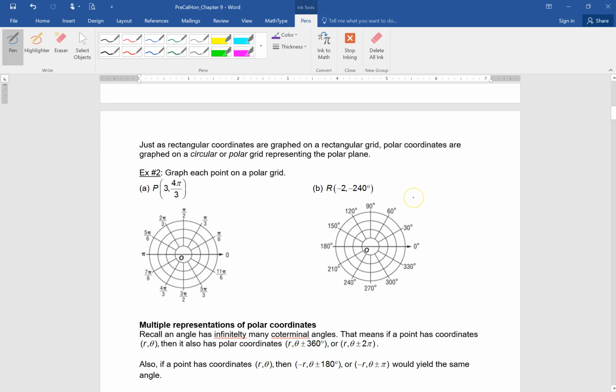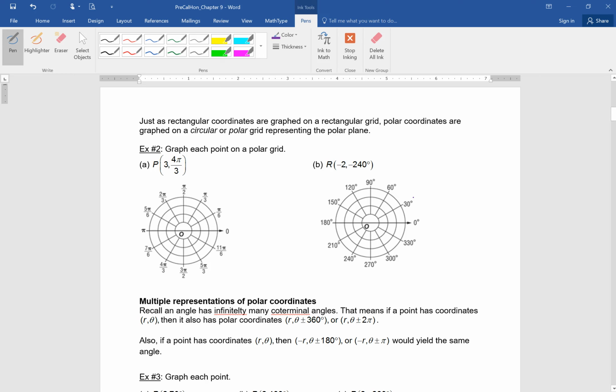All right, so just as rectangular coordinates are graphed on a rectangular grid, polar coordinates are graphed on a circular or polar grid. So this is a polar grid, right? And here, this is the pole. If you go radially away from the pole, each one of these lines that you hit is 1 unit.